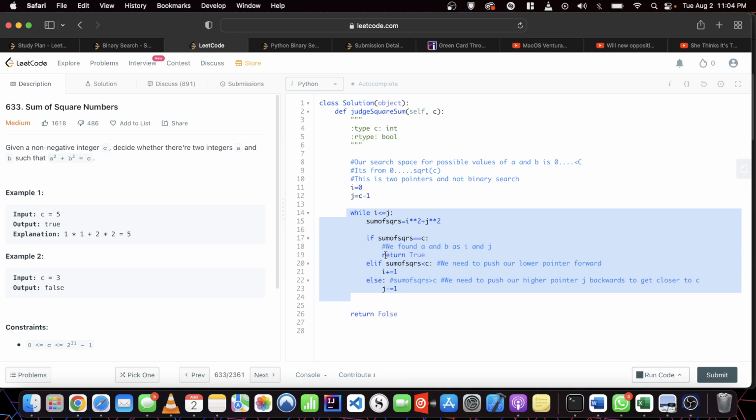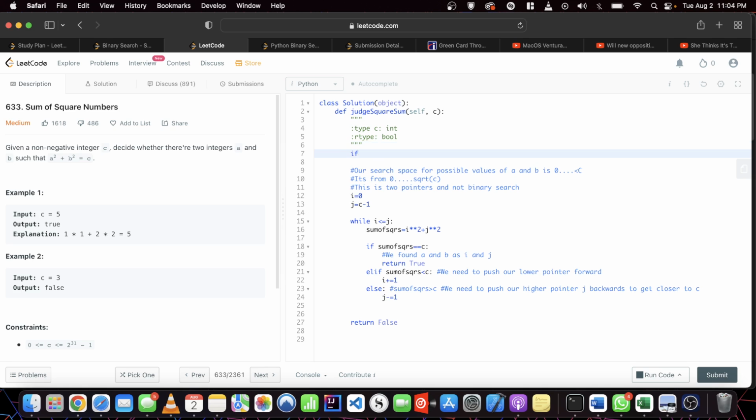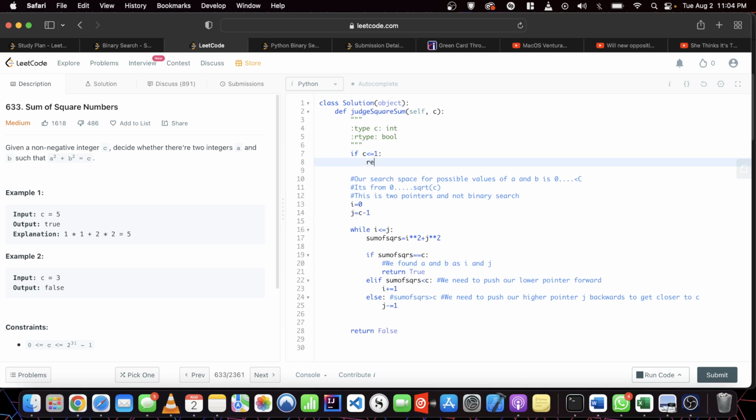Hold on a second, from 0 to 1. You can put an edge case here: if c is less than or equal to 1, then you simply return true.